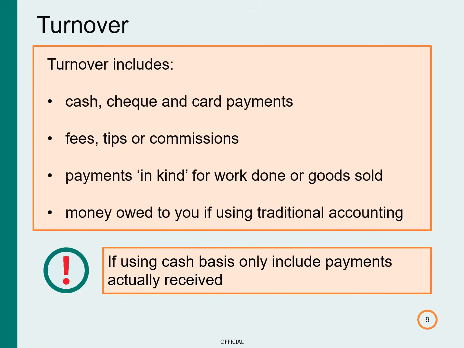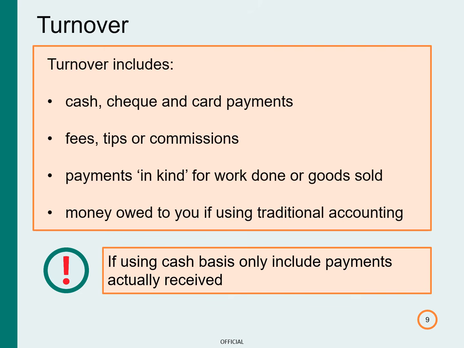Turnover includes cash, cheque and card payments, fees, tips and commissions, the value of payments in kind for work done or goods sold that aren't paid by cash, cheque or card, and money owed to you for work already done. If you're using cash basis, only include money you actually received in the tax year. The Help About link gives more guidance on what to include.